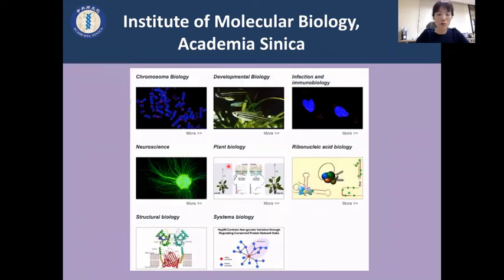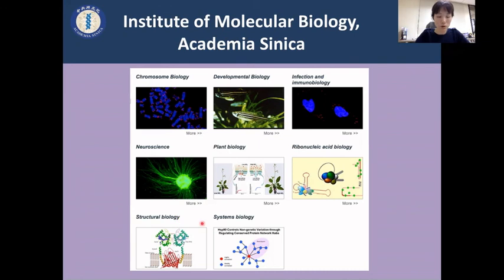And our research focuses are on chromosome biology, developmental biology, and we have a lot of different model organisms. Zebrafish, you see here, we have mice, we have Drosophila, C. elegans, yeasts, and human. And we have infection and immune biology, we have neuroscience, and we have plant biology and RNA biology, which I myself am involved in.